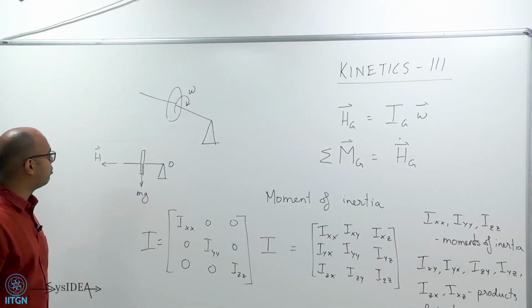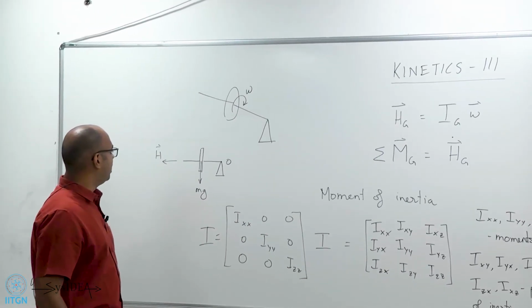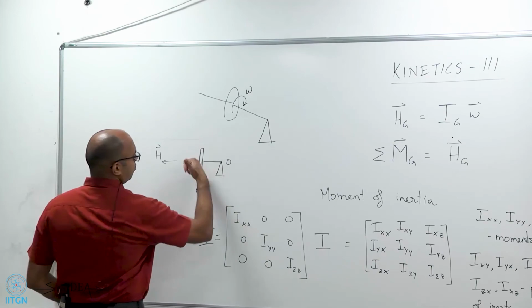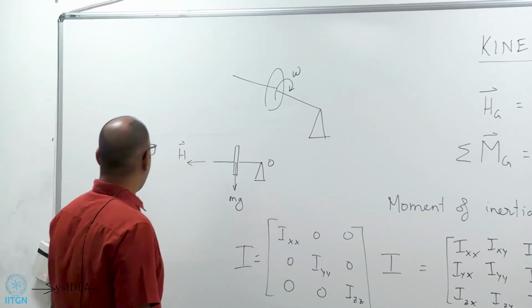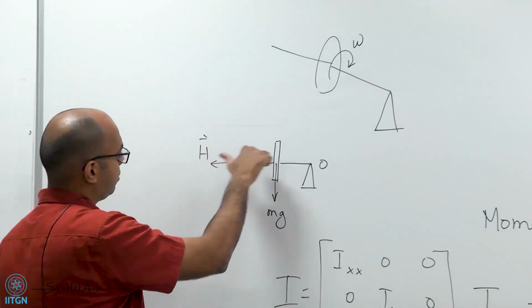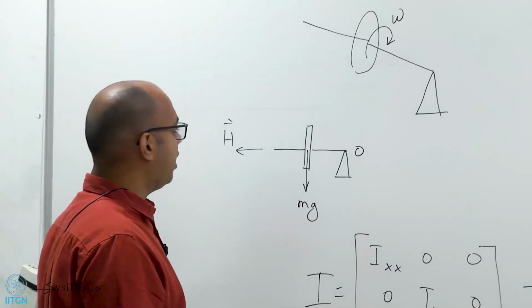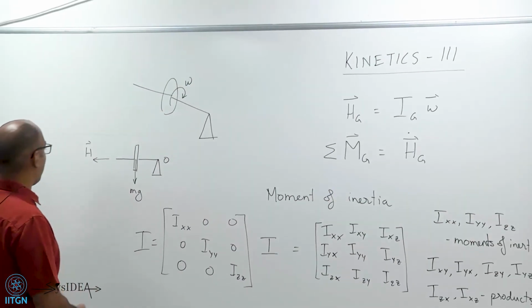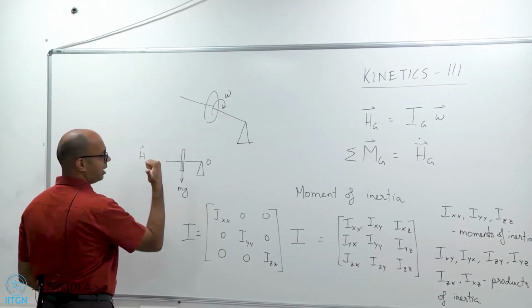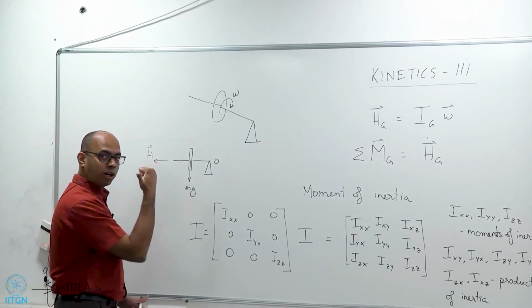So if I take moment about O, it's one step simpler. You can see that you get a moment that is pointing out of the plane of the board, and your current h is pointing in this direction. So then you can work out that your rate of change of angular momentum has to be aligned with your moment vector, which is pointing out.